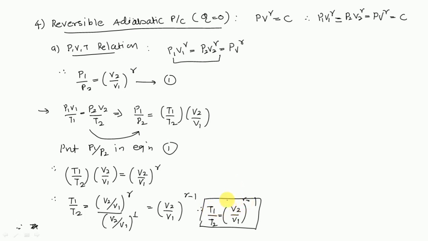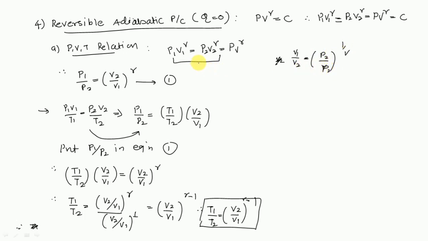Now I try to establish the relation in terms of temperature and pressure. So let's start. We already know this equation, and from it I write V1 by V2 is equal to P2 by P1 raised to 1 upon gamma.